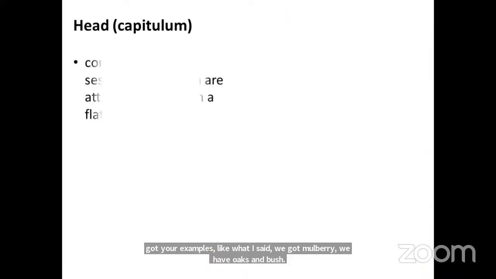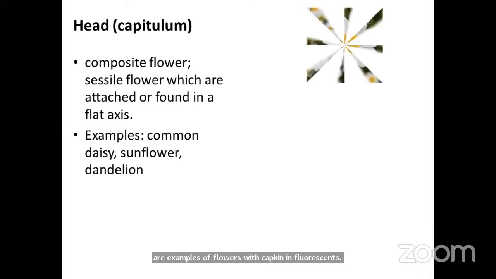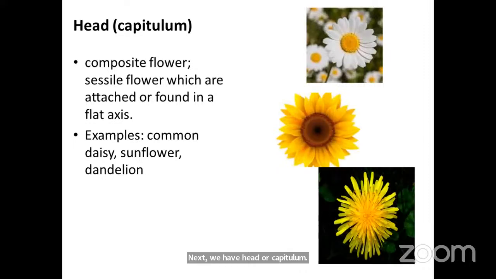Next, we have head or capitulum. Okay, so this is how it looks like. In head or capitulum inflorescence, the flower is called a composite flower. The sessile flowers are attached or found in a flat axis.